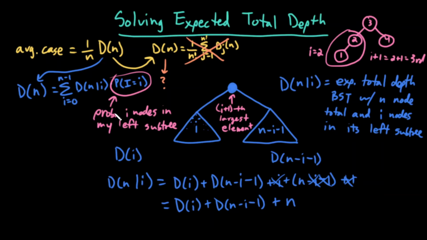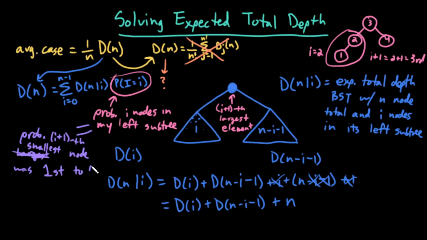Therefore, the probability that I have i nodes in my left subtree is equivalent to the probability that the i plus 1th smallest node was the first to be inserted.